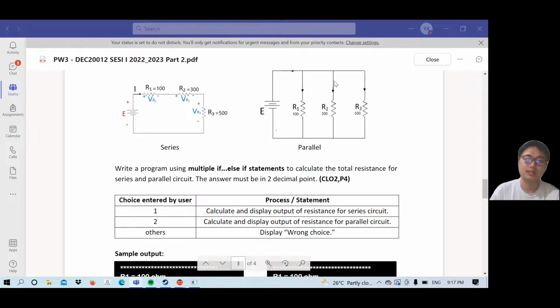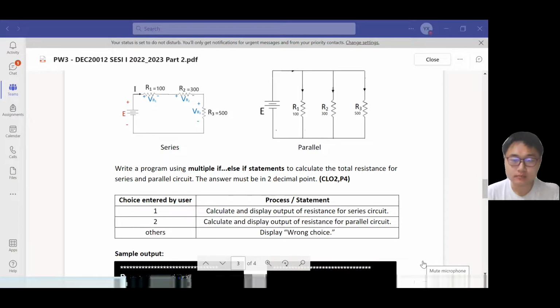Process statement is: calculate and display output resistance for series circuit, and number 2 for parallel circuit. If I put any other number than 1 and 2, it will display wrong choice.